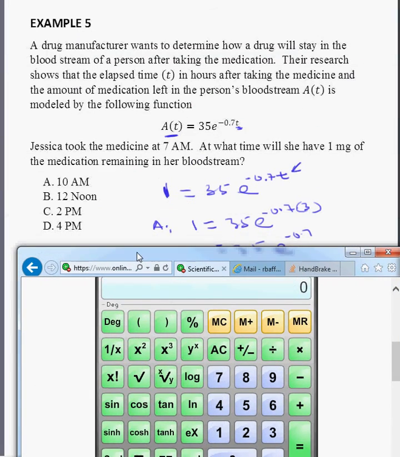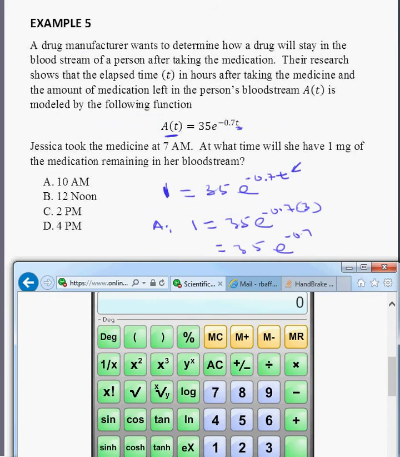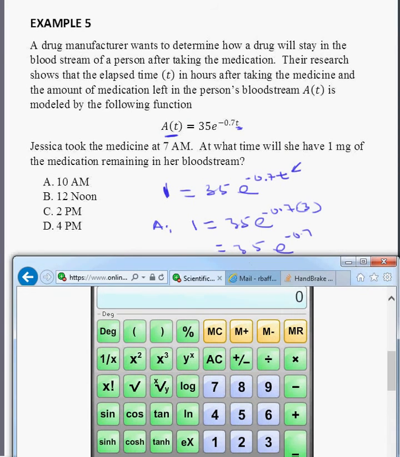You're going to plug in the values: negative 0.7 times 3, and that is equal to this. Then we take the exponent of that number and multiply it by 35. See what we get. That gives 4.2. So obviously that is not true.